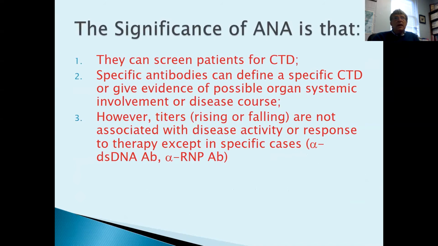The significance of the ANA is that it can screen patients for connective tissue disease, but the specific antibodies that make it up can give evidence of possible organ system involvement or disease course. Rising and falling titers of ANA are not associated with disease activity, but certain specific antibodies, such as antibodies to double-stranded DNA and antibodies to RNP, can correlate with disease activity.